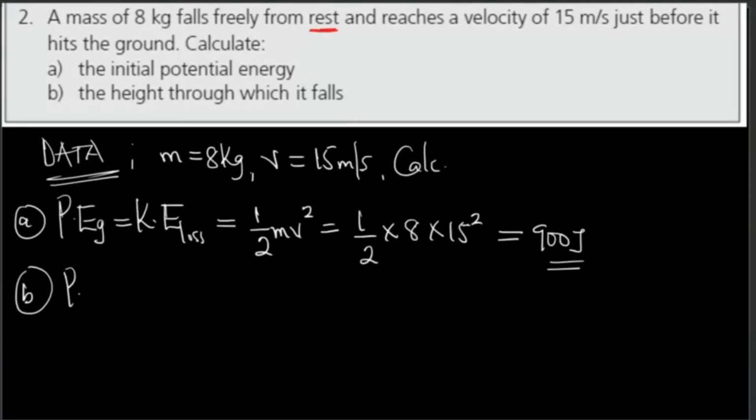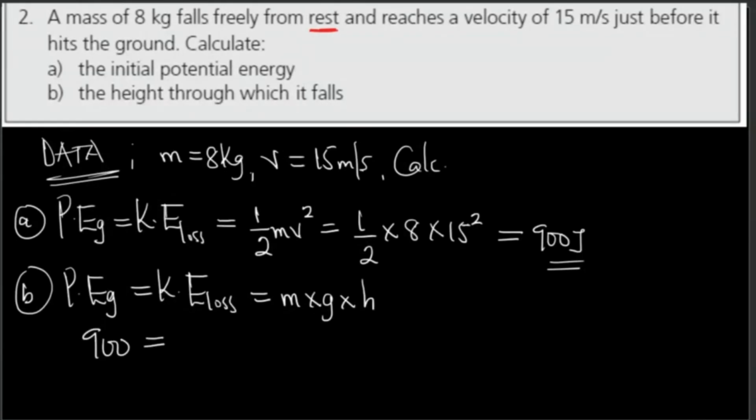The last question there, the height through which it falls. So we understand that gain in potential energy is equal to loss in kinetic energy equals m times g times h. So we can substitute that 900 there to be equal to m times g times h. So we can calculate the height. The height through which it falls is going to be 900 divided by what?